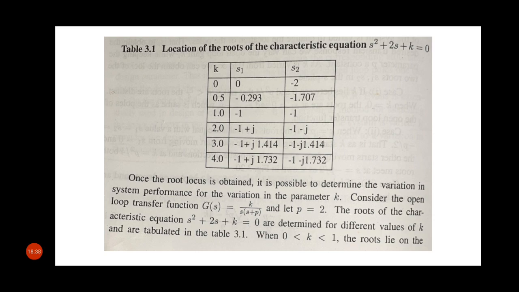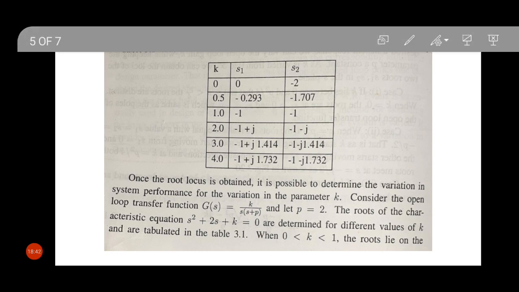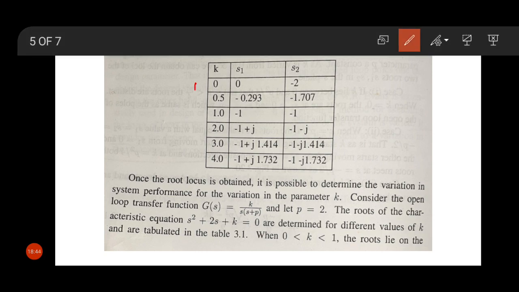See the table. When k is between 0 to 1, that means the first three, the roots lie on the negative real axis. When k equal to 0, the two roots are 0 and minus 2.